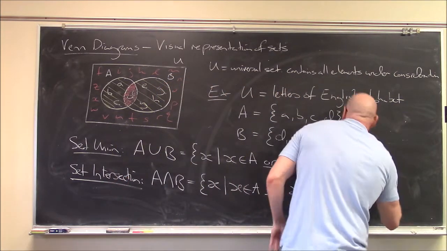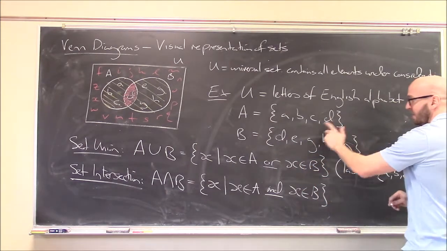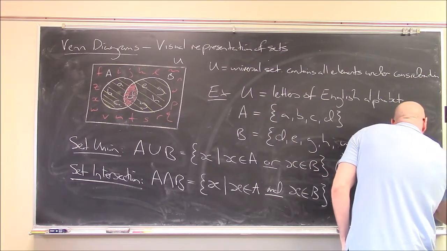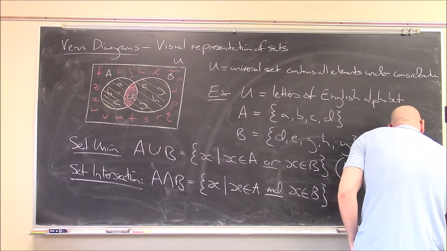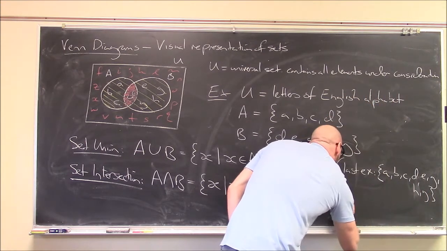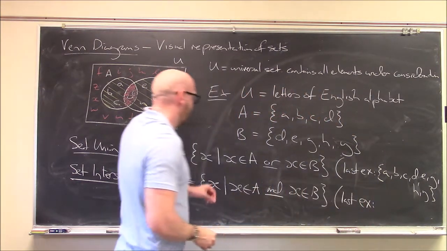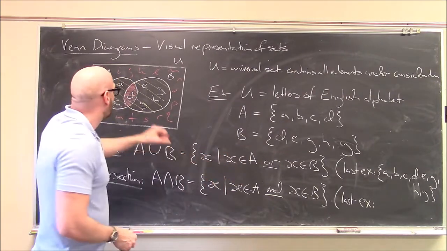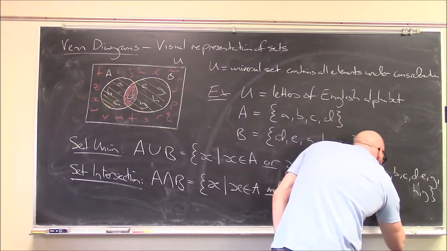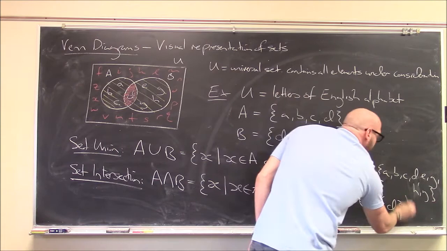So we've got A, B, C, D. I've already got D listed, so I don't have to list it again, and then E, G, H, and Y. Meanwhile, the set intersection in the last example, the elements that are in both sets at the same time, would just be this element D. So it would be a set consisting of a single element. It would just be the set D.